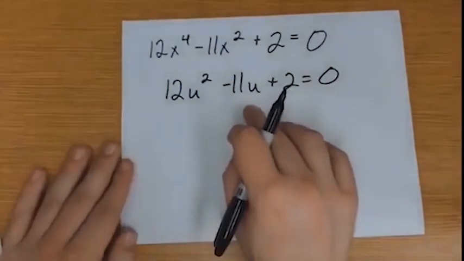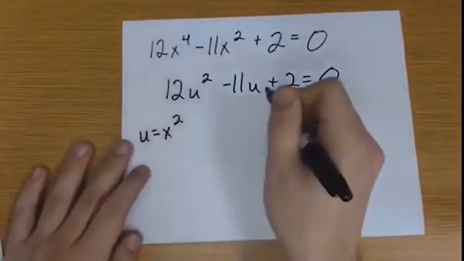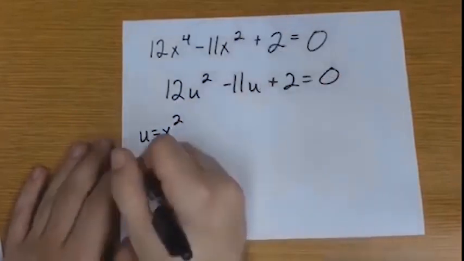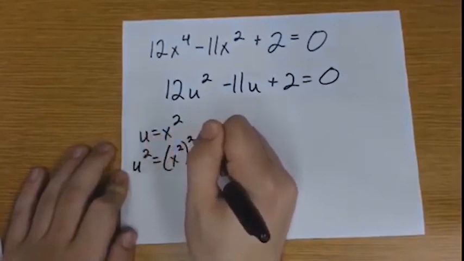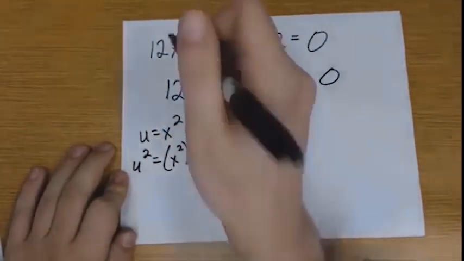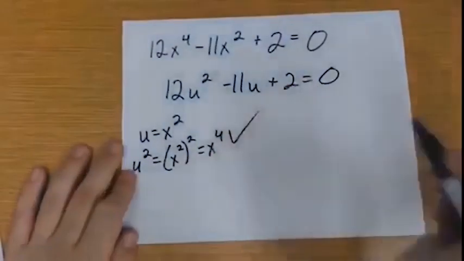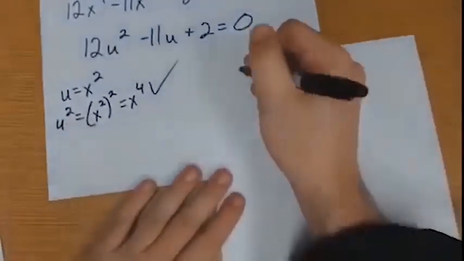In order for this to be an appropriate substitution, u equals x squared. If we square u, we're squaring x squared, which would be x to the 4th, and yes, u squared is replacing x to the 4th. Valid substitution. We factor.